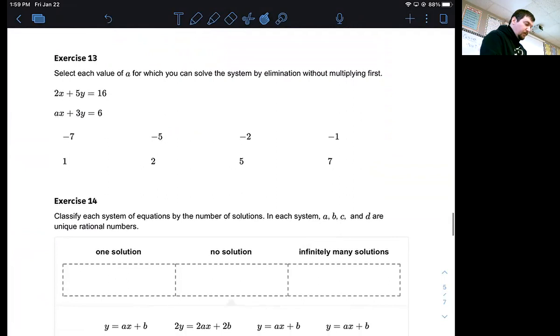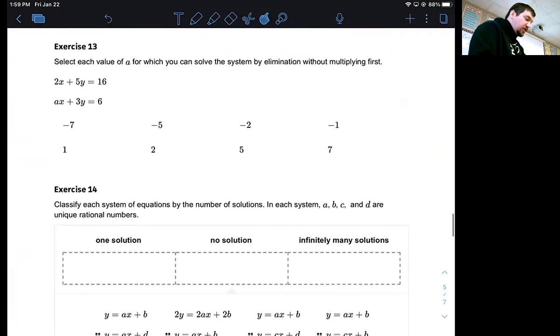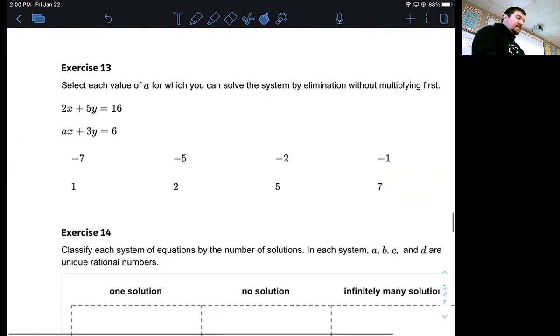Number 13, we skipped 12. Not even a number 12 on here. Select each value of A for which you can solve the system by elimination without multiplying first. Okay, so without multiplying first means you're ready for addition or subtraction right away.